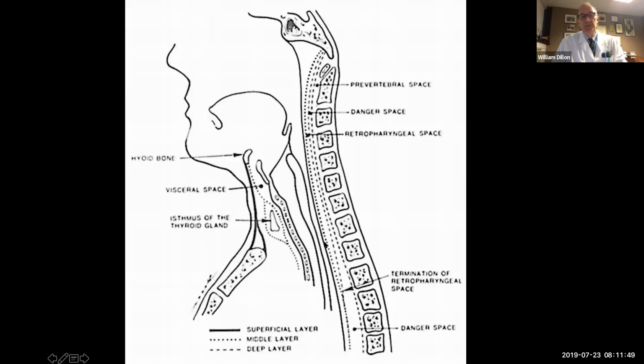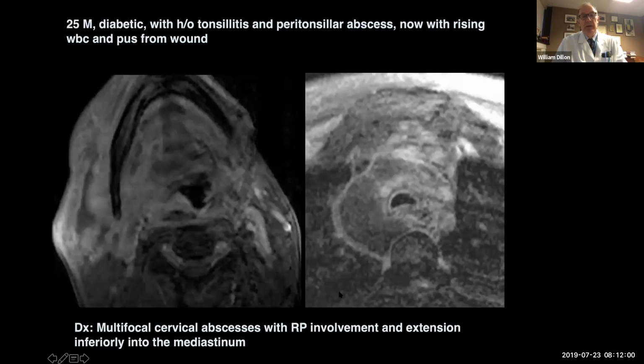The retropharyngeal space can come down all the way to the T4 or 5 level because of its surrounding fascial layer. And it can even go into the mediastinum if it courses, as with this diabetic patient, through the retropharyngeal space into the upper mediastinum, leading to terrible consequences for the patient. So this is very important to recognize and to treat effectively, either surgically or with antibiotics or both.